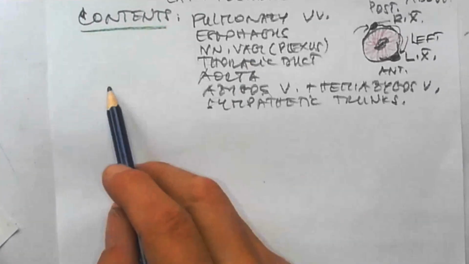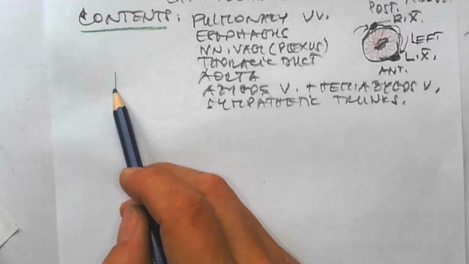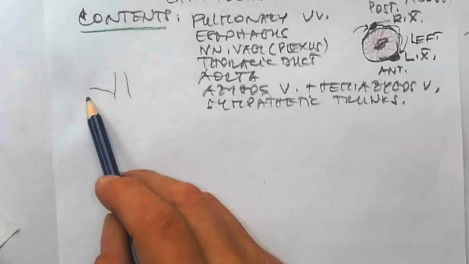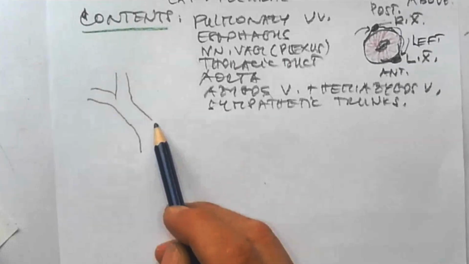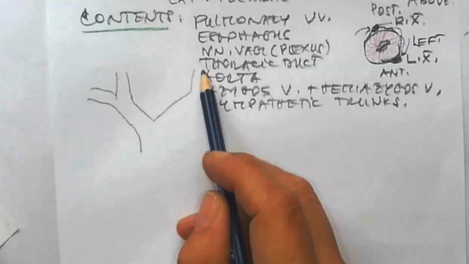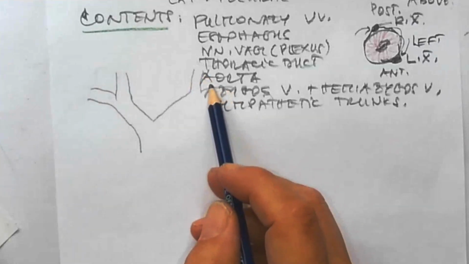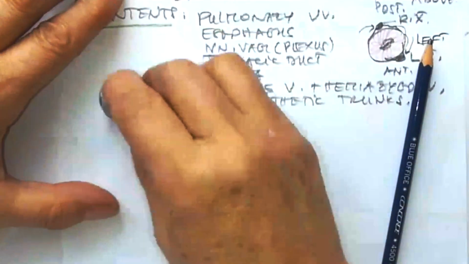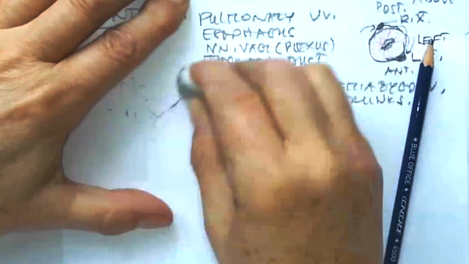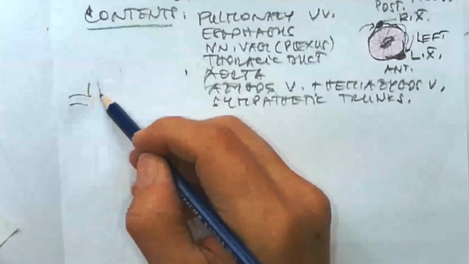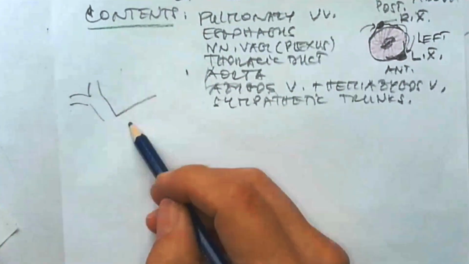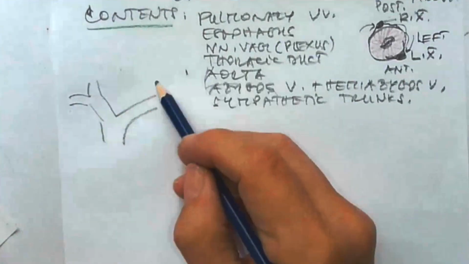Maybe we can draw it here. Why not? Drawing the right brachiocephalic vein, vena cava, left brachiocephalic. It must be changed a little bit more to the left, because we need both sides. Okay, this is not a problem. Brachiocephalic, right, left, vena cava.